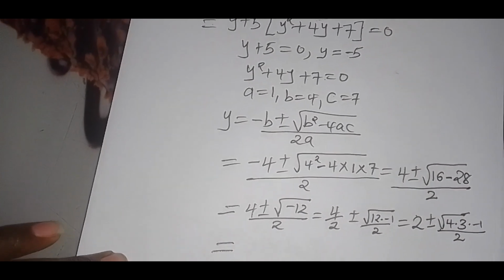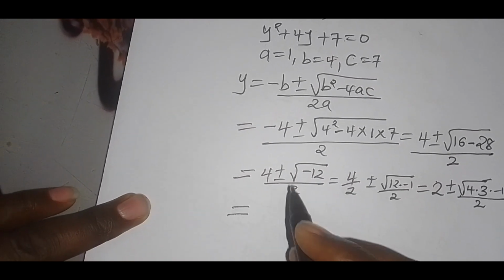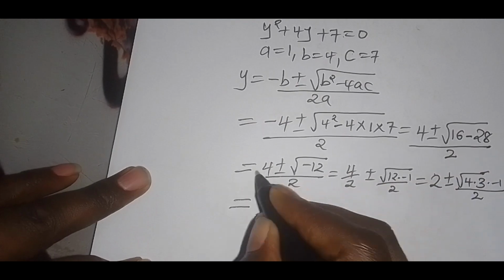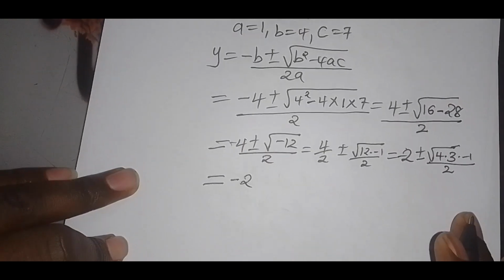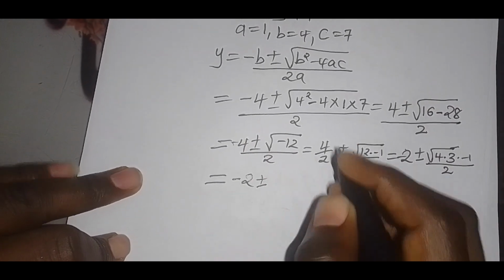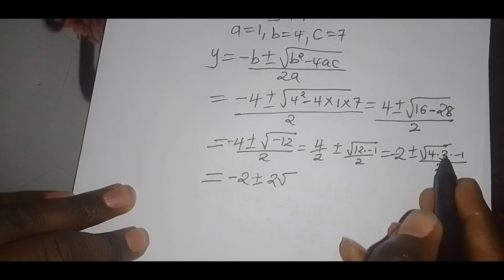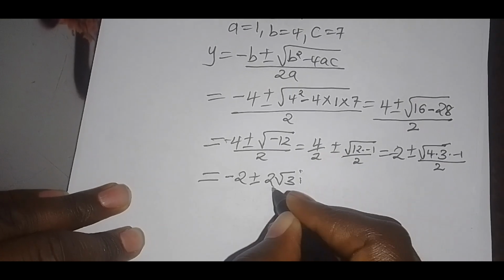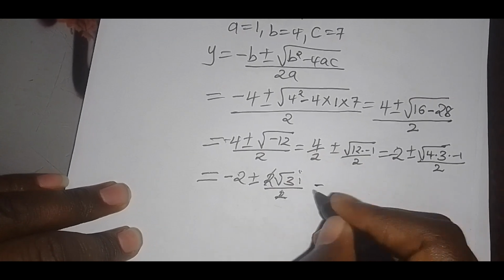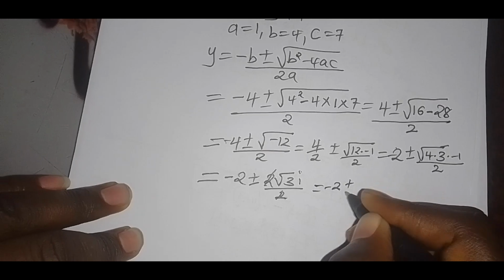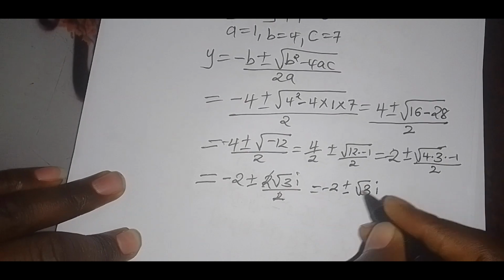So the square root of 4 is 2, and the square root of negative 1 is i, so we have negative 2 plus or minus the square root of 3 i.